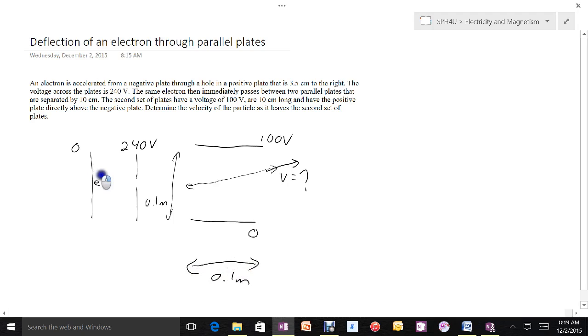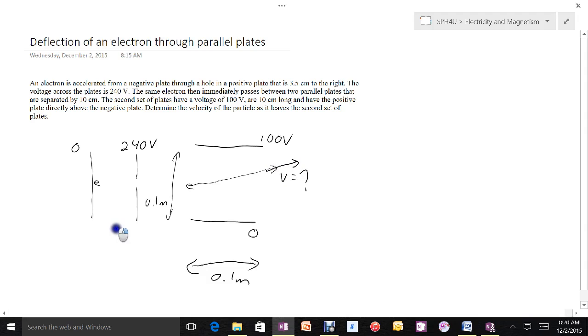So we got this electron. He's going to get accelerated up to some speed here. Then he's going to shoot out the edge of there, and he's going to curve as he comes up, and as he's coming up, he is going to change his trajectory, and we're going to figure out what angle and what velocity he's leaving at that second set of plates.